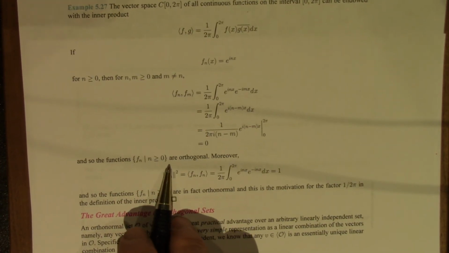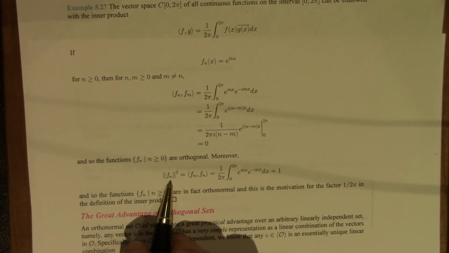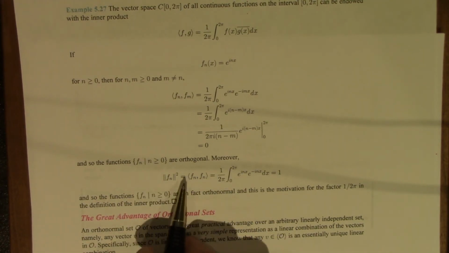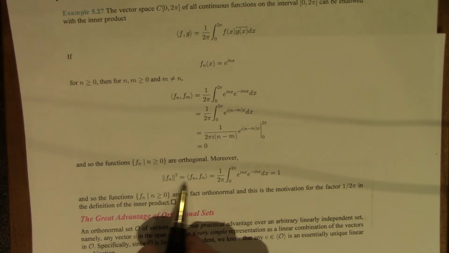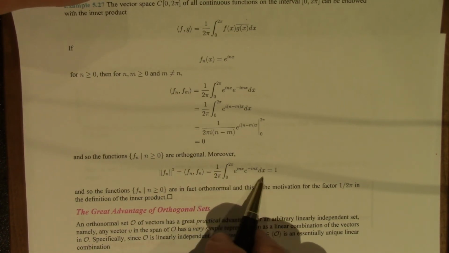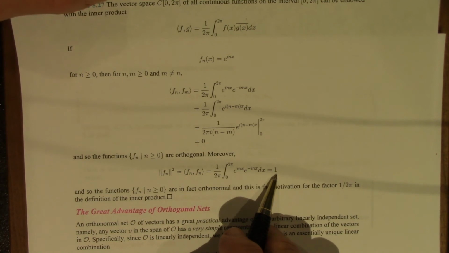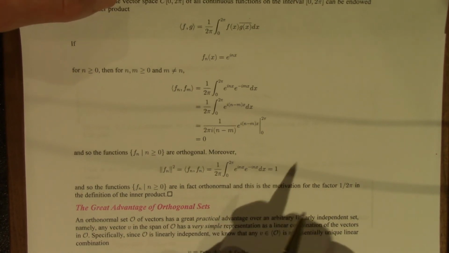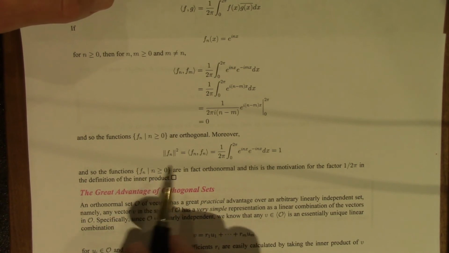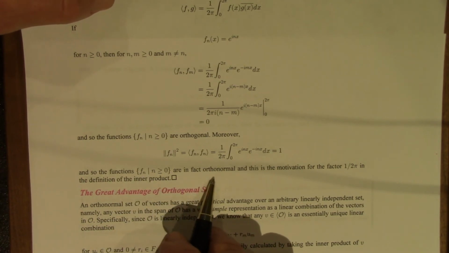As to the norm of each function, the norm of fn squared, which is easier to compute than the norm of fn directly, is the inner product of fn with itself. This integral equals 1. So the functions fn actually form an orthonormal set.